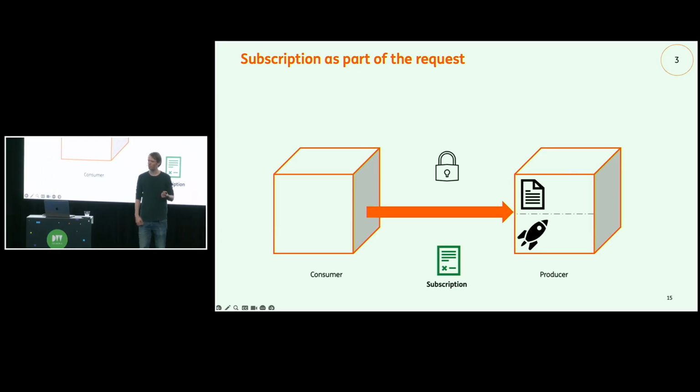So if you look at how we enforce these subscriptions, we have here the overview of a consumer talking to a producer, and the producer had created an API specification. In this API specification, it had two specific endpoints, generate a report or launch rockets. And the consumer needed to subscribe to the launch rockets endpoint feature.